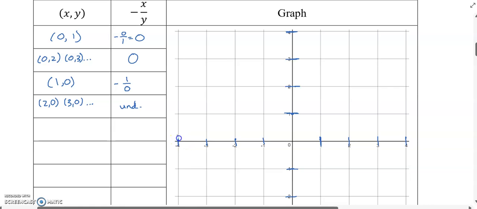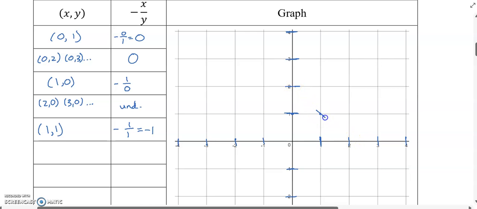So let's find some maybe more interesting points, where we don't have 0 as one of the coordinates, like maybe (1, 1). Here x equals 1, y equals 1, so we have negative 1 over 1. That's negative 1. So at (1, 1), our slope is negative 1, and we're going to have a line going in this direction. But I don't want to connect it all the way from the x-axis to the y-axis.